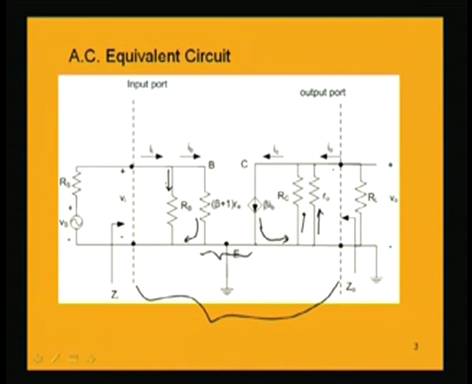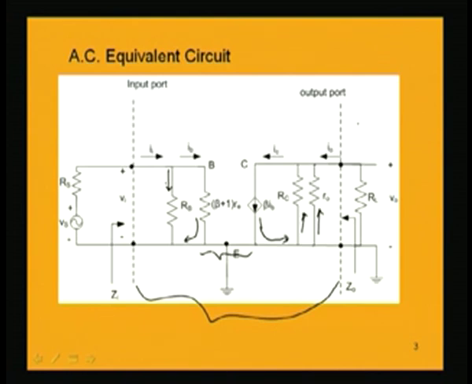If we are told that it is very large, you can ignore it, but for the time being, while drawing the exact equivalent circuit, we keep this R naught at the output side. This R naught is the output resistance of the common emitter transistor, and it generally has a very high value. So, the collector current beta times IB has three parts: one through this RC, one through this R naught, and the other through this RL, which is nothing but the conventional output current I naught as shown here.